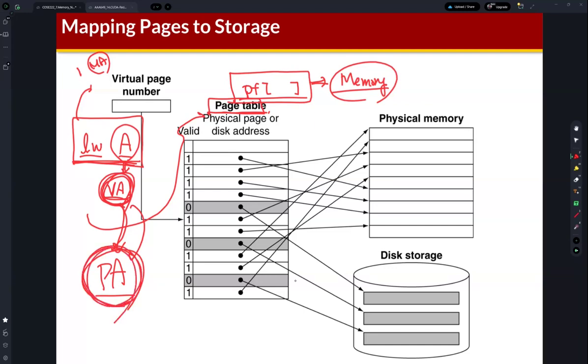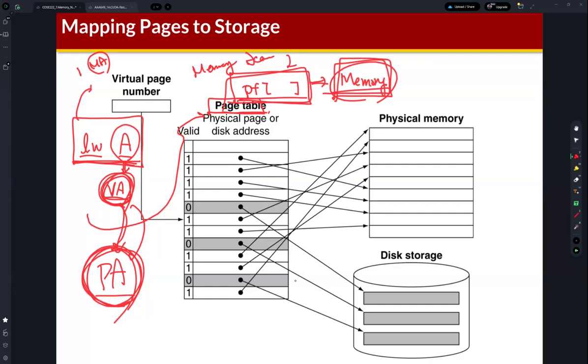So the CPU needs to access this array, the page table, and then get the physical page number. So the problem is that an additional memory access is required.